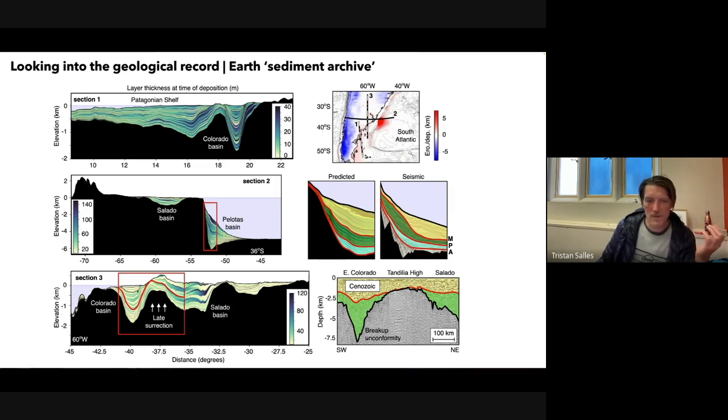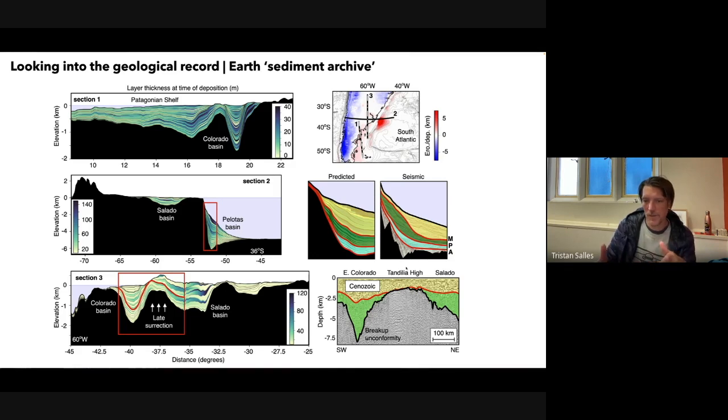For example, section 3 here is crossing a mountain range called the Tandilya High. What we see is that the history is not reflecting the interpreted tectonic and sedimentary evolution of the region. In our case, the appearance of the Tandilya height in the paleogeography that we use is happening maybe too late in the model.